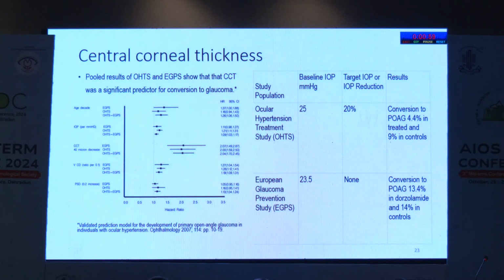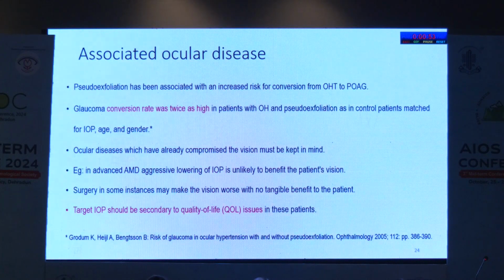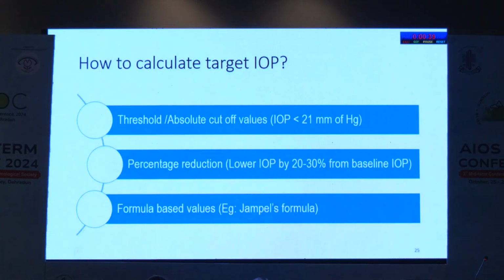CCT is now an established risk factor, so with thinner corneas, you need to be more aggressive in your therapy. And pseudo exfoliation, again, it has been found that in pseudo exfoliation and ocular hypertension, the conversion rates to glaucoma are much higher. But at the same time, you need to look at the quality of life issues.